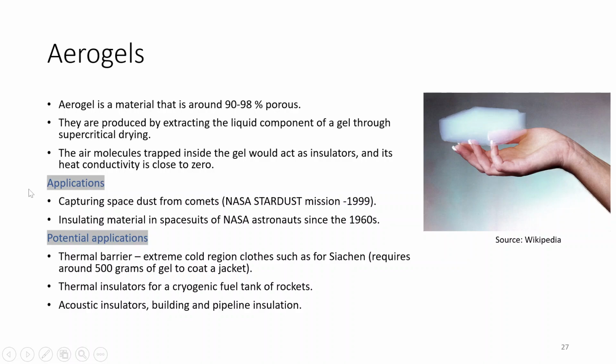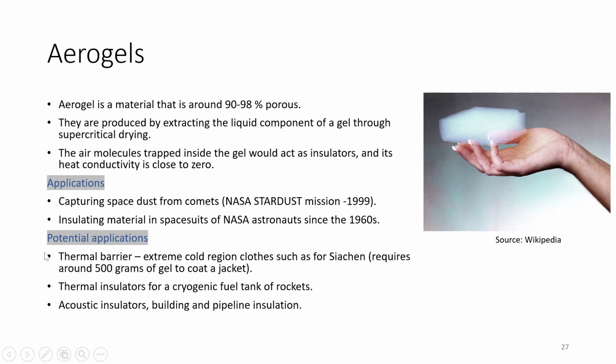The applications include capturing space dust from comets, which was used in the NASA Stardust mission in 1999, and insulating material in space suits of NASA astronauts since the 1960s.